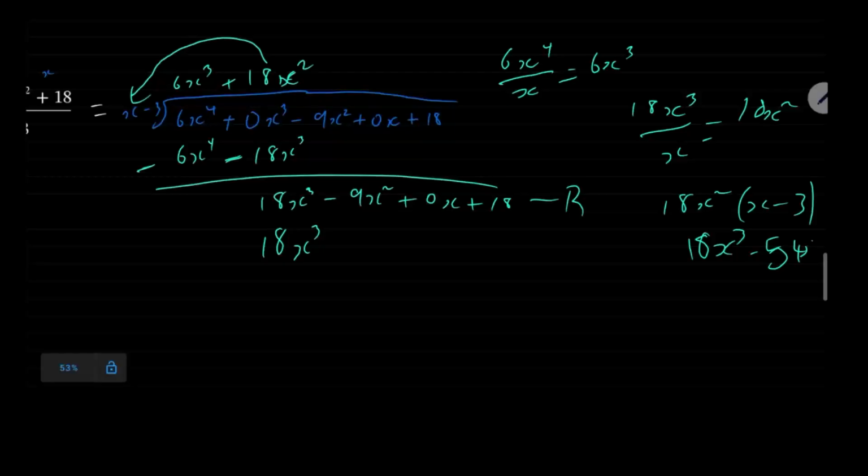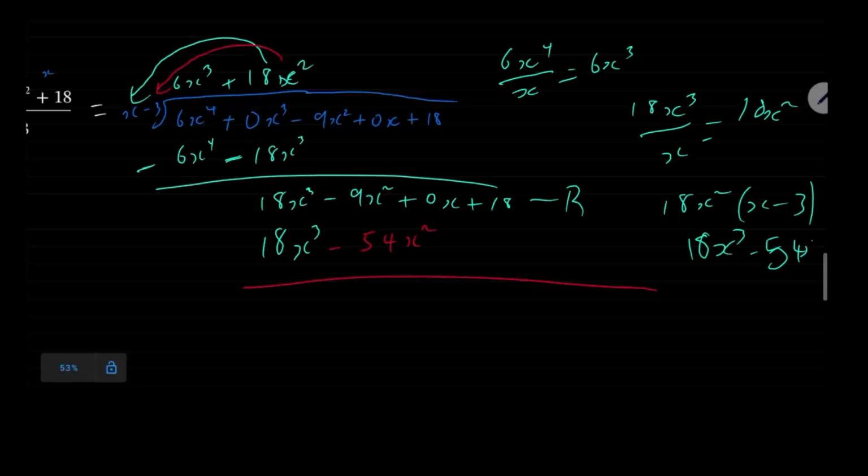Then the same 18x squared multiplied by negative 3 is going to give us negative 54, sorry, 54x squared. And now we can subtract to get our next remainder.